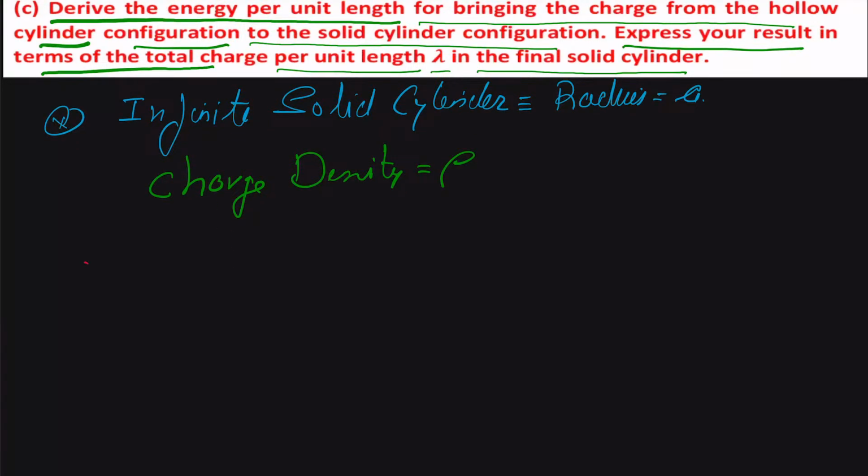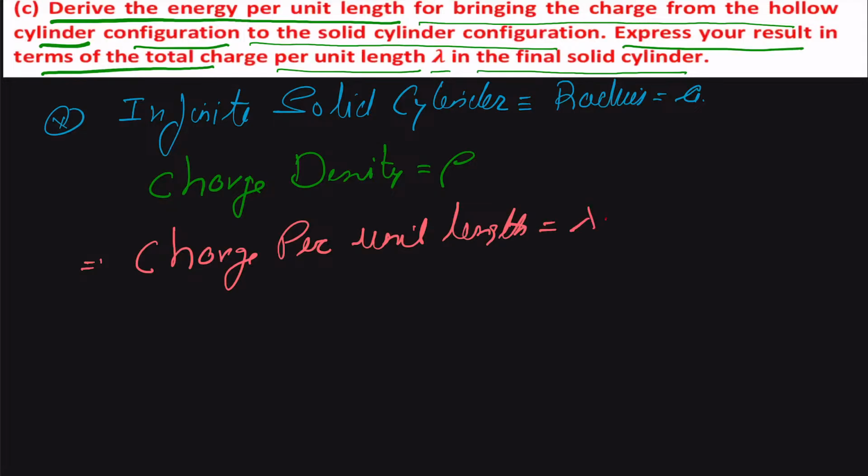From here we can find the charge per unit length, that is lambda, which will be equal to rho pi a square.